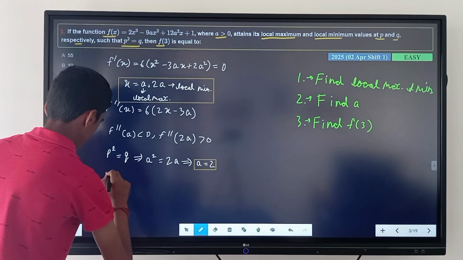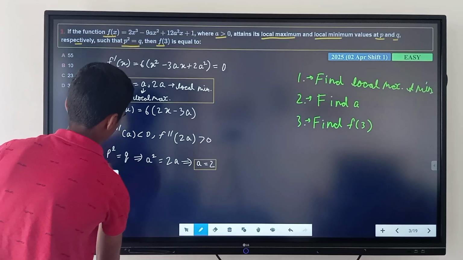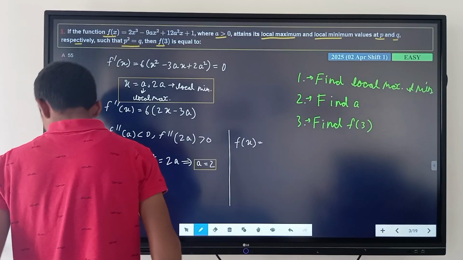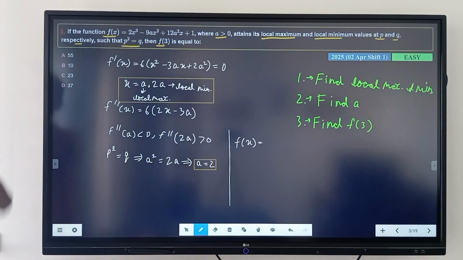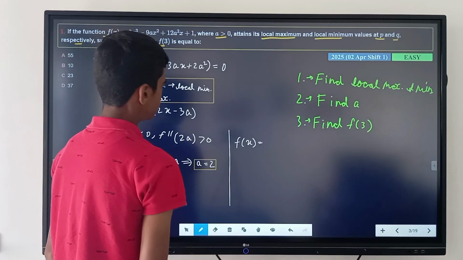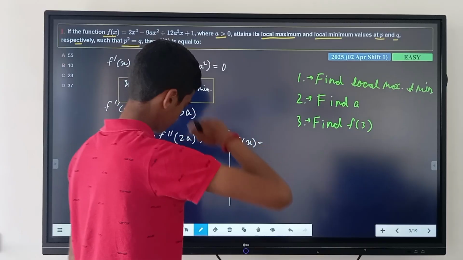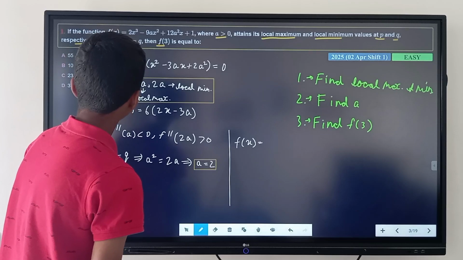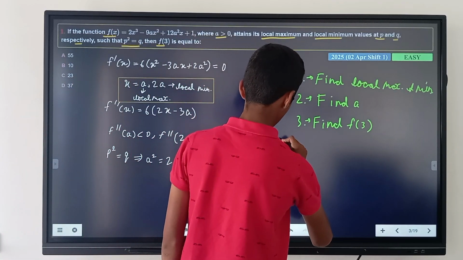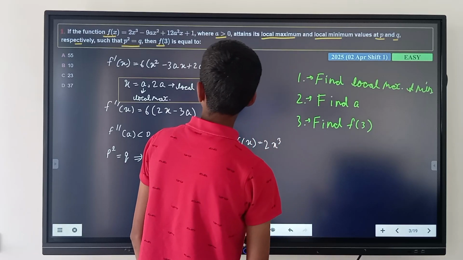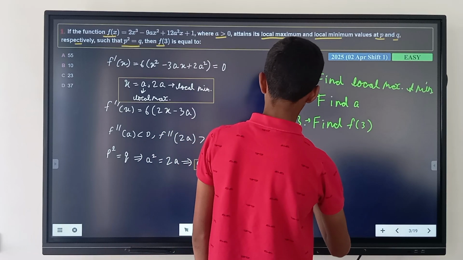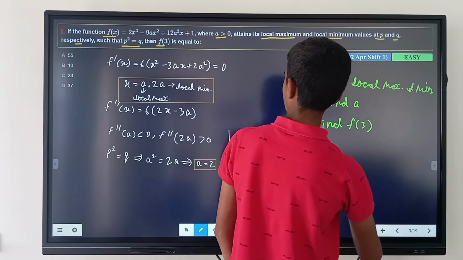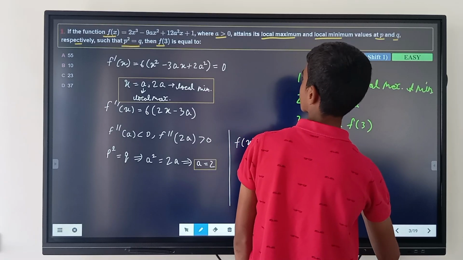So a is equal to 2, then our f of x will be equal to 2x cube minus 18x square plus 48x plus 1.